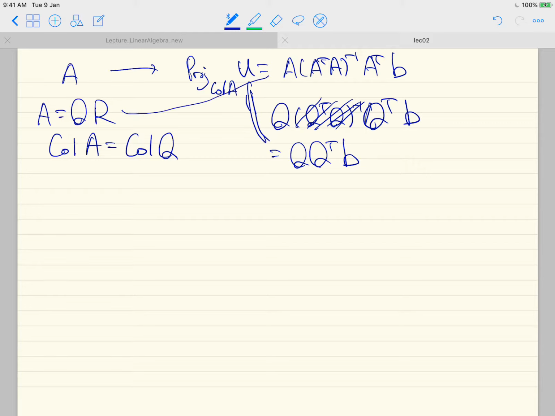So let's just plug this in, QR, and (R transpose Q transpose Q R) inverse. Oops, this should be b.